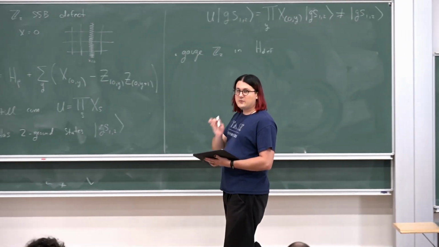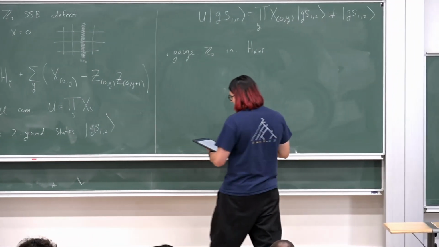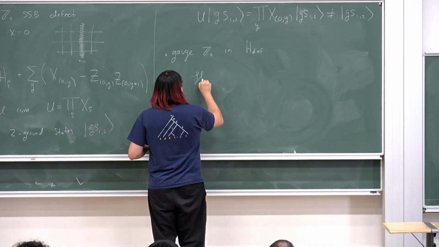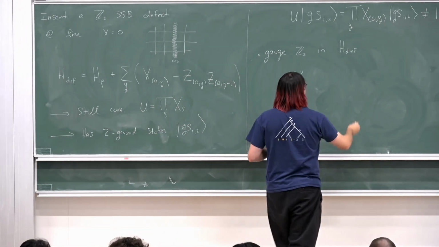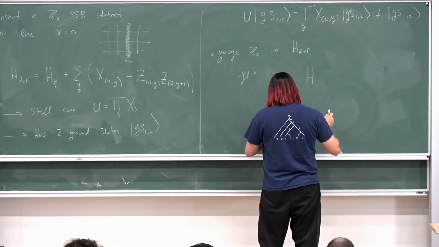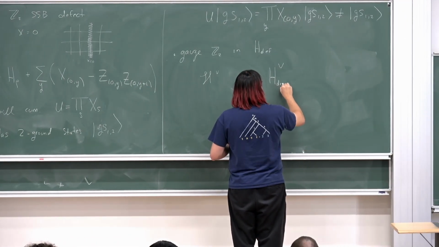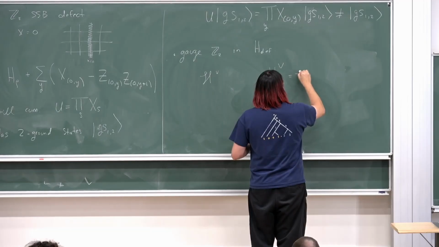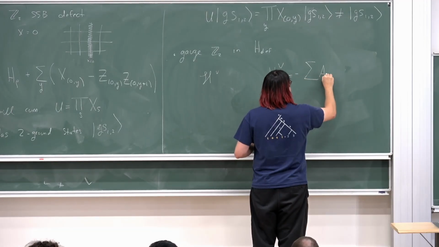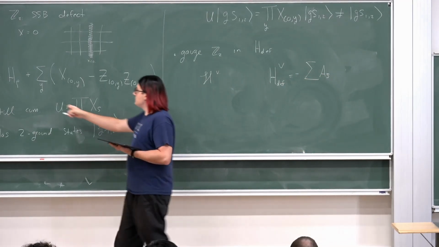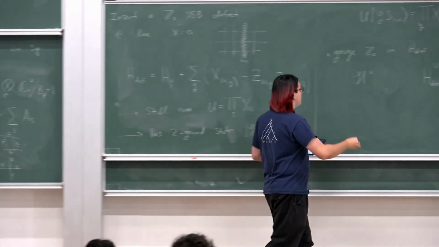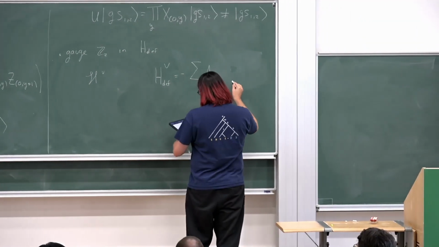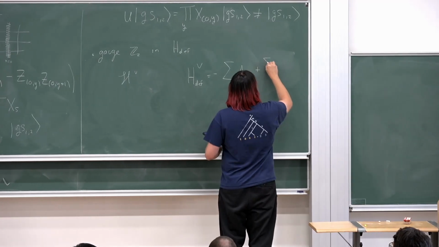But if you do exactly what Carolyn taught us to do in her lecture, this is what you'll get. So the Hilbert space will be the same Hilbert space as over there. And now the Hamiltonian will be the following. So all the terms in H_P will still go to this Hamiltonian here. But then you'll have a change.